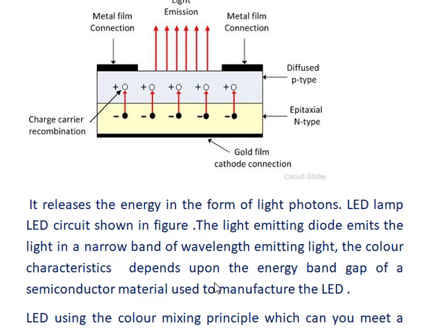So the color depends upon the band gap energy between the valence band and conduction band, which is altered by adding suitable impurities.